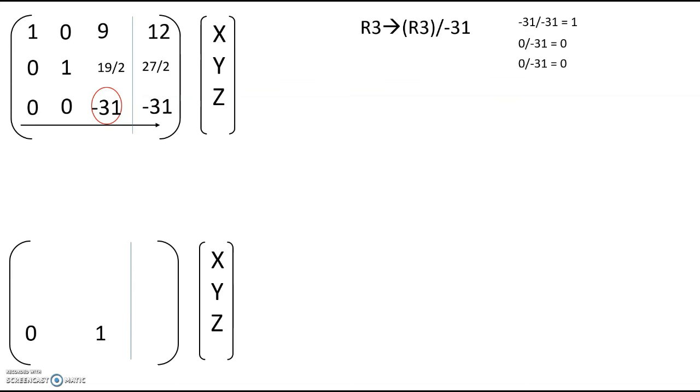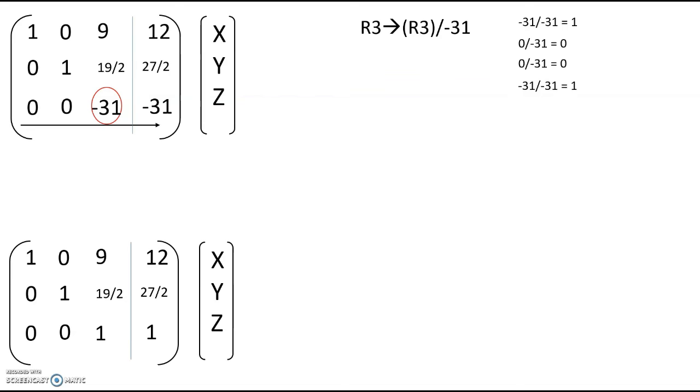And then 0 divided by negative 31 is equals to 0 again. And then negative 31 divided by negative 31 is equals to 1. Write everything else as the same. So if you see here, we already achieved our target, which is to make the diagonals into 1 and the values below the diagonal into 0.